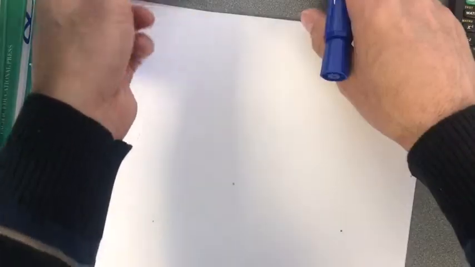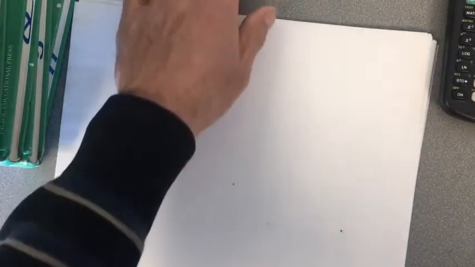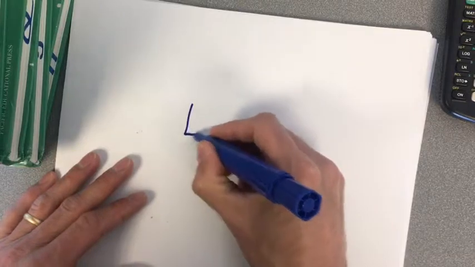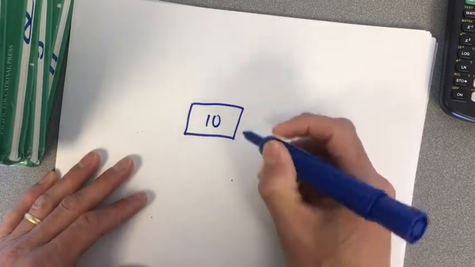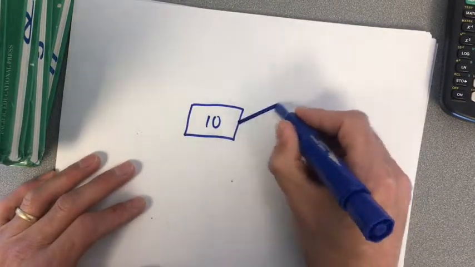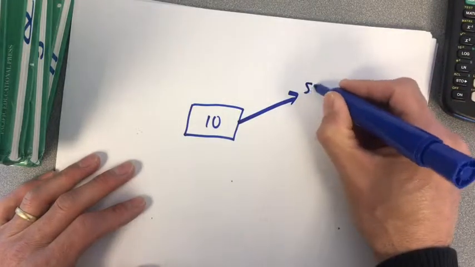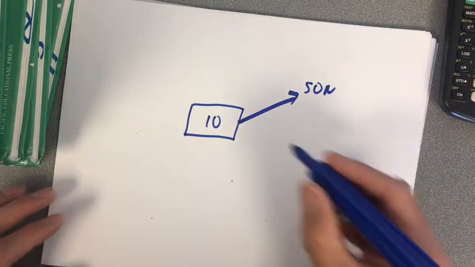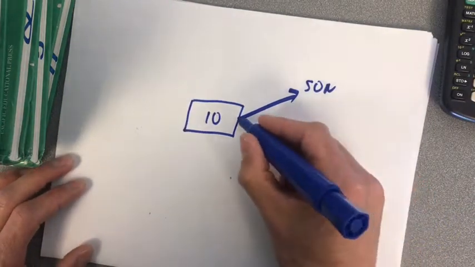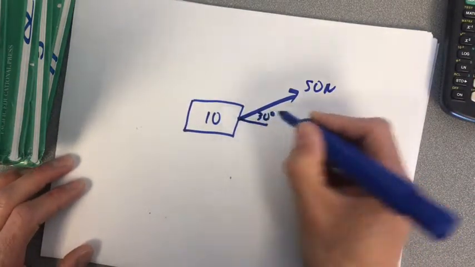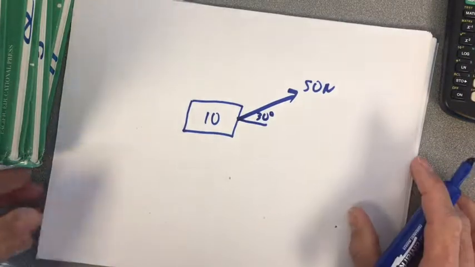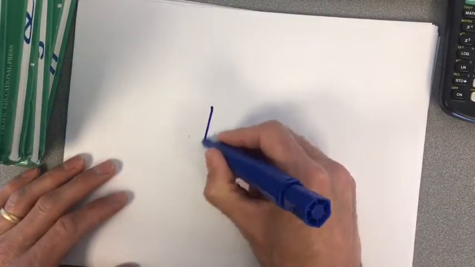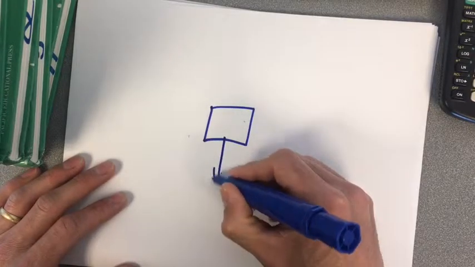I'm now going to solve the problem when we're on a bit of an angle. So let's say I've got 10 kilograms. It's still a force of 50 newtons. But it's at an angle 30 degrees above the horizon. So now my free body diagram, we're going to have gravity.